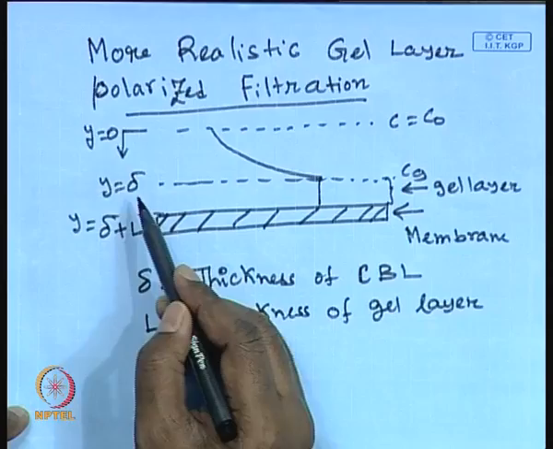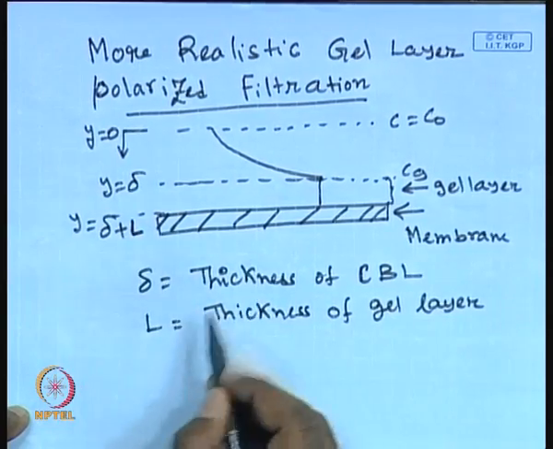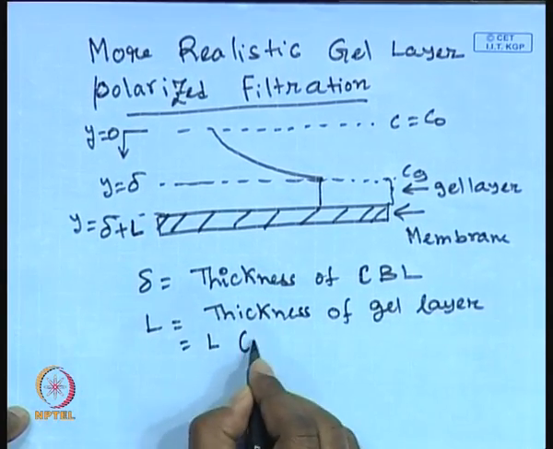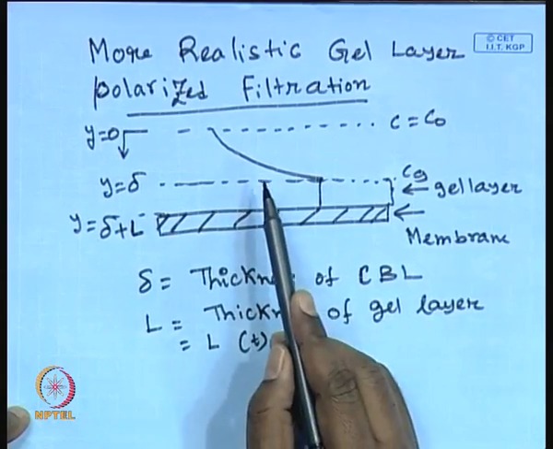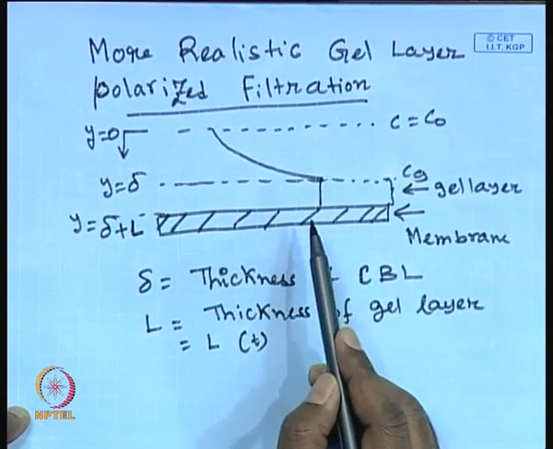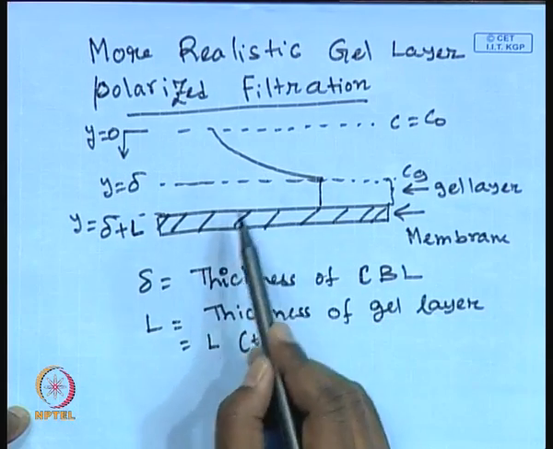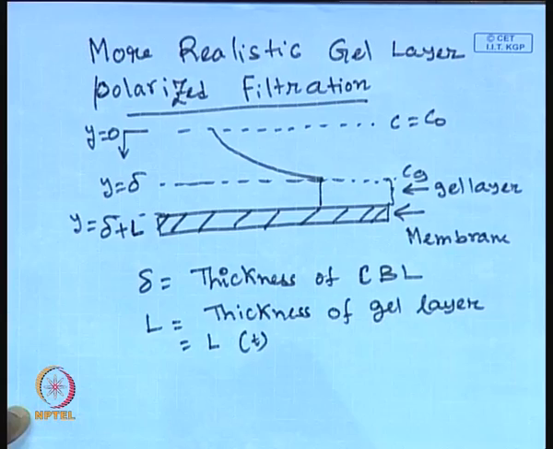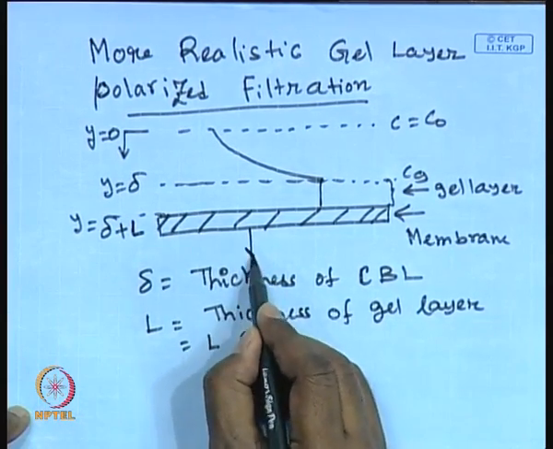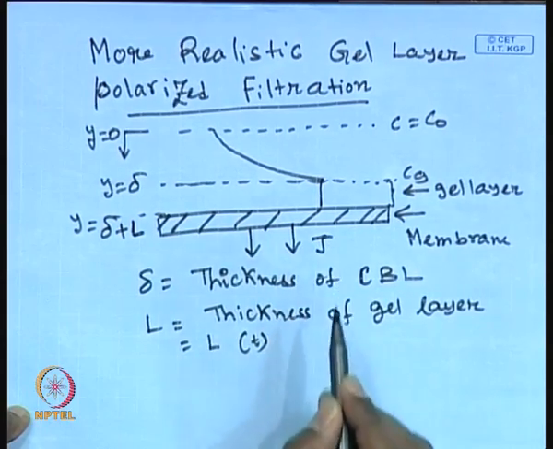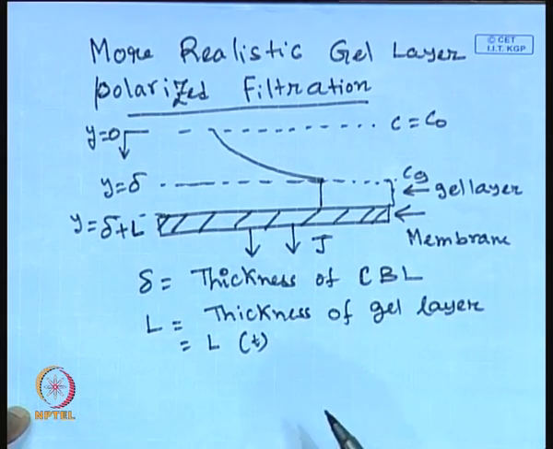So L will be a function of time. In this case you are talking about a moving boundary condition, right? It is a moving boundary problem. This boundary is always moving, always increasing with respect to time of operation. Okay. So this is the system, and you will have a permeate flux out from the membrane.